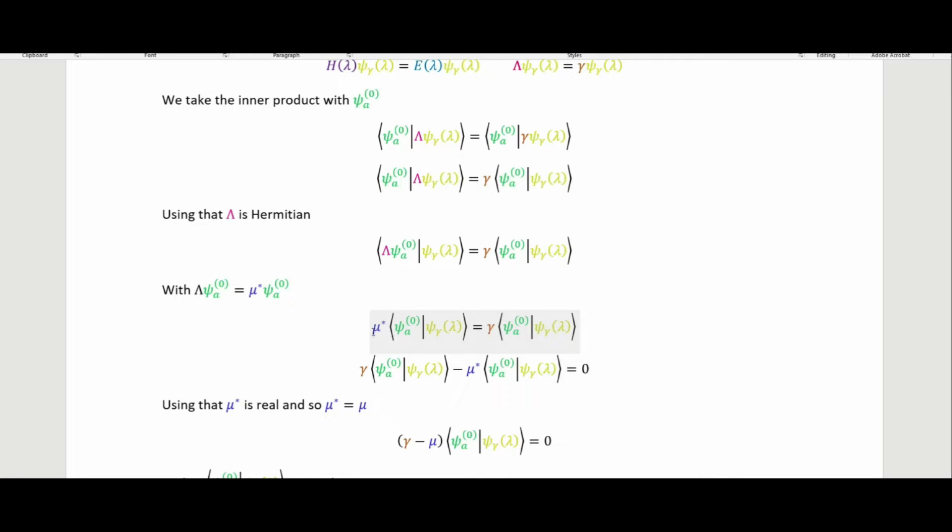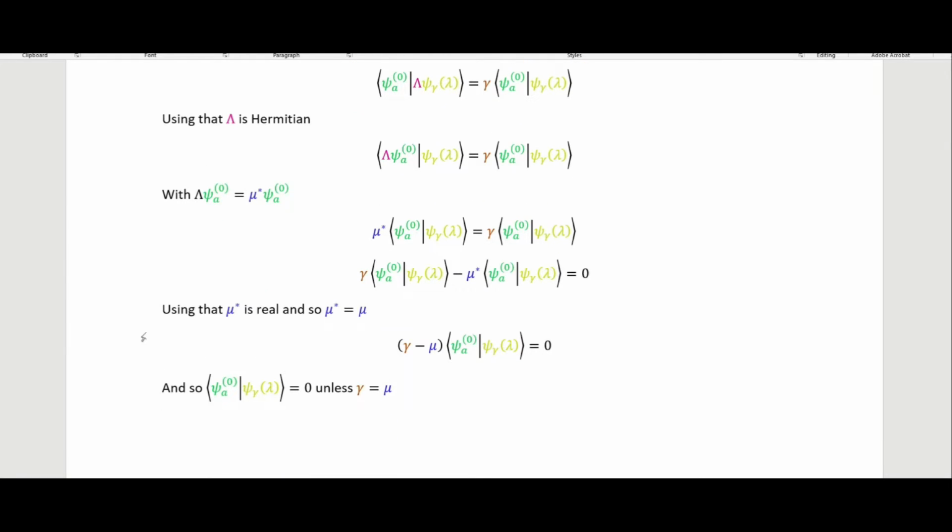We can subtract the mu part from both sides, so we get this equal to 0. And we are saying that the eigenvalue has to be real, and so the complex conjugate of it is just equal to the mu. And so we can then factor out the gamma minus mu here times this bracket here and have that equal to 0.